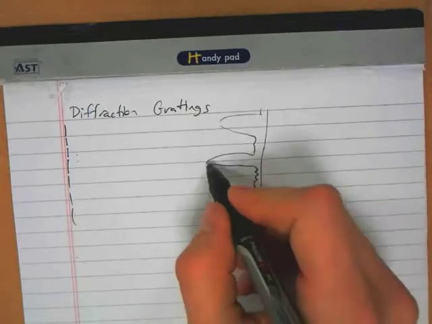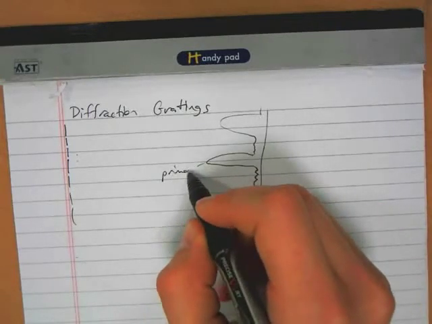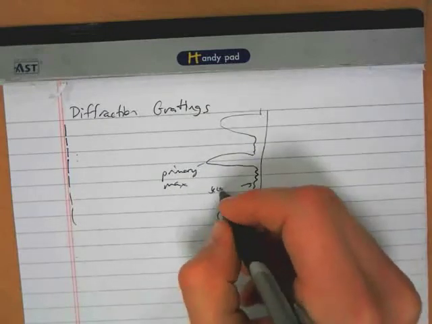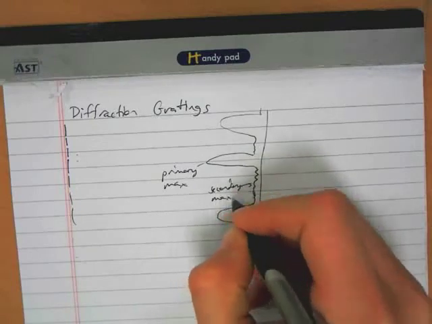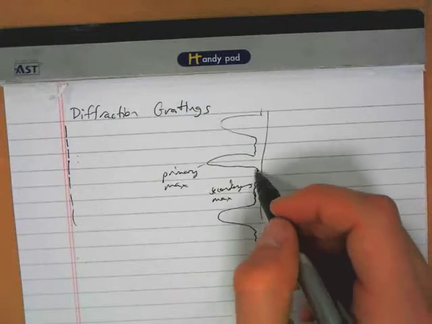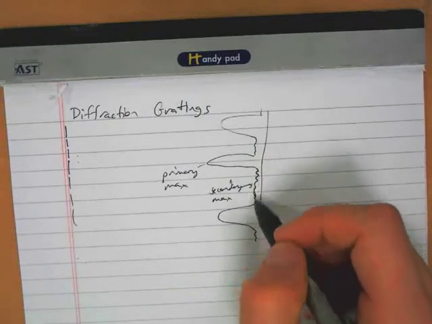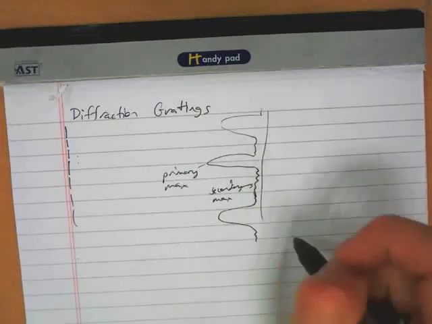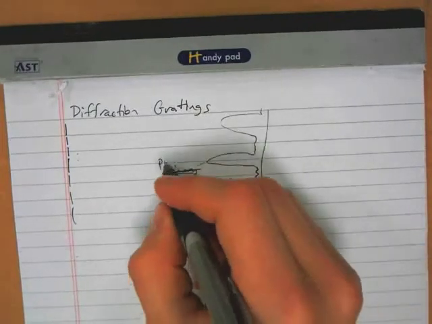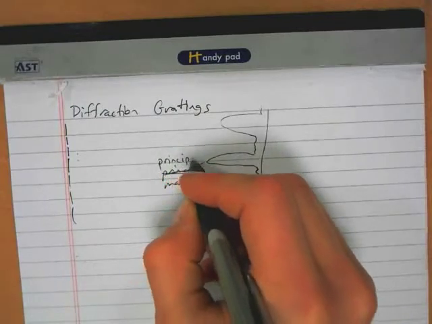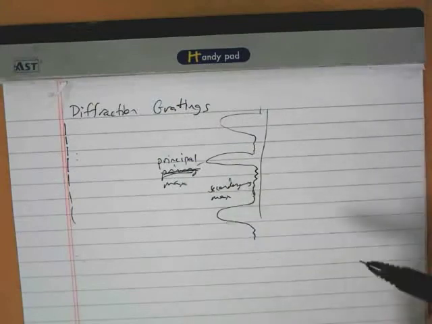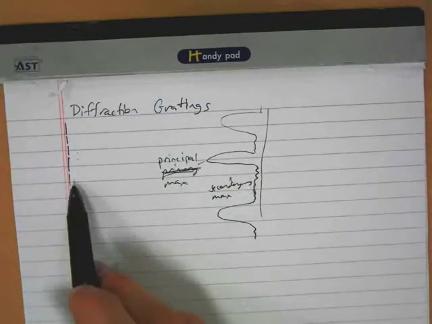This is called the principal maximum, and then there are also a bunch of little secondary maxima going on in here, as there are little alternating light and dark regions, but it's still fairly dim throughout this whole region before it gets up to the other maximum. So that's called the principal maximum, I apologize, and secondary maxima.